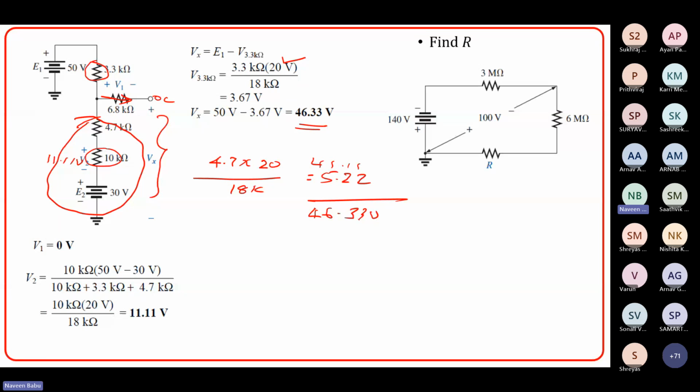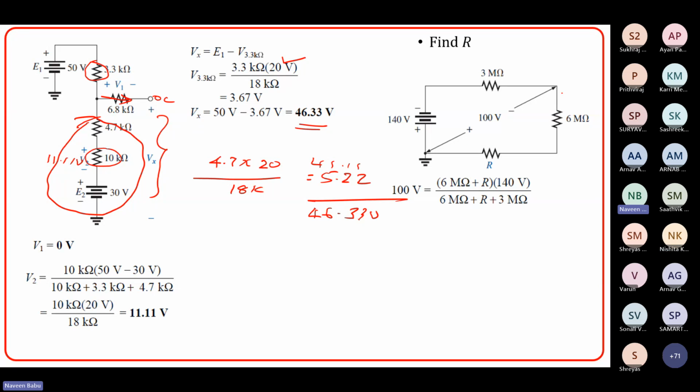Now take this particular circuit and find the value of R. In this circuit, it's simple. You can apply the voltage divider rule. That's the simplest way to find it.